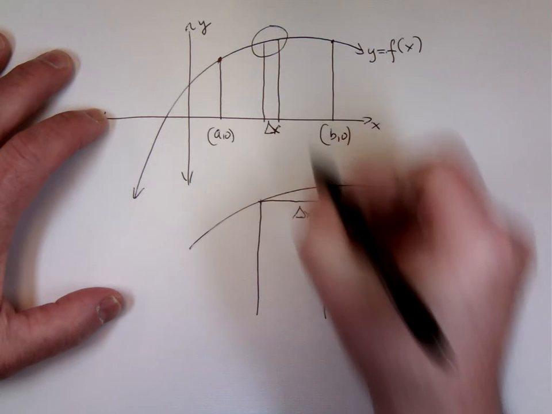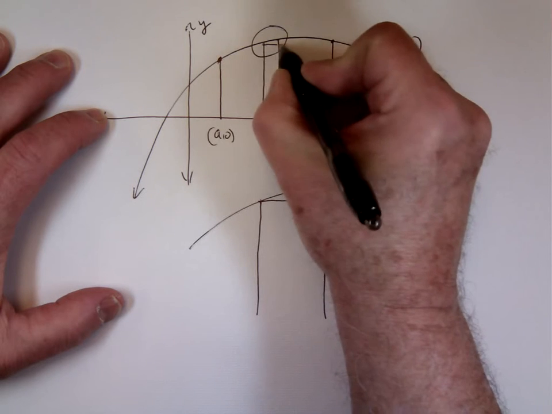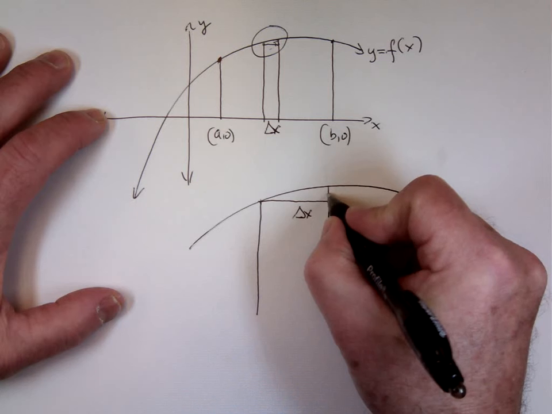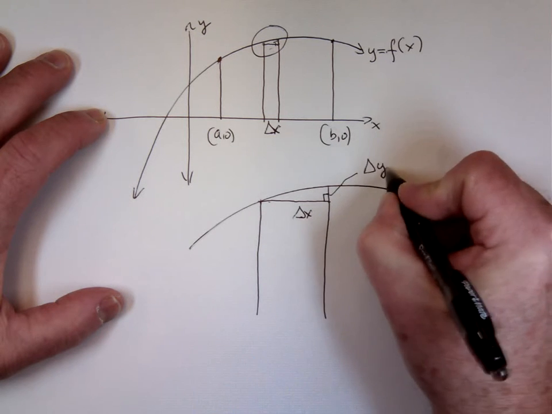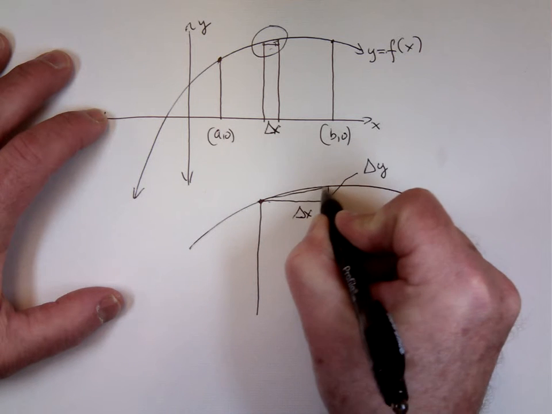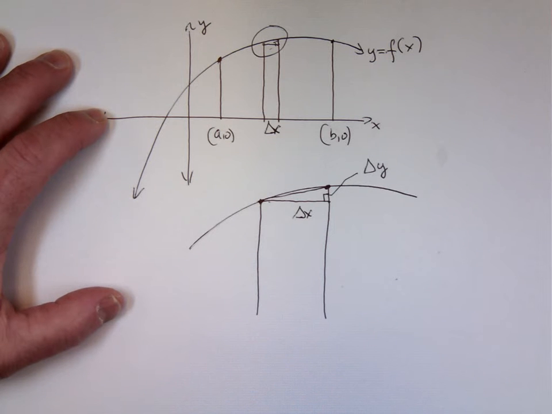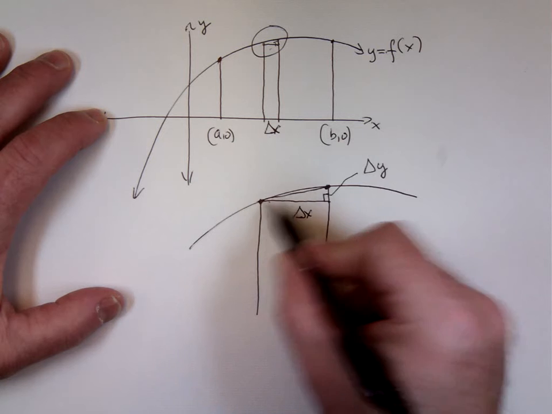If you draw this little right triangle right here, take this over to here. This is delta x. This would be delta y. What we're going to do is use the hypotenuse of that right triangle as an approximation of that arc length over that interval.